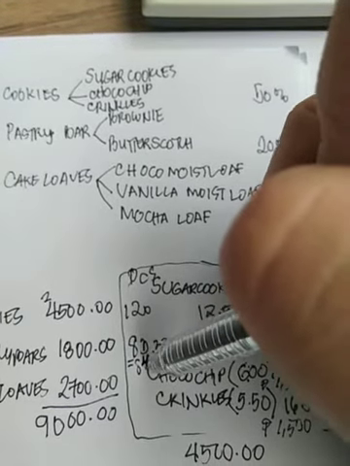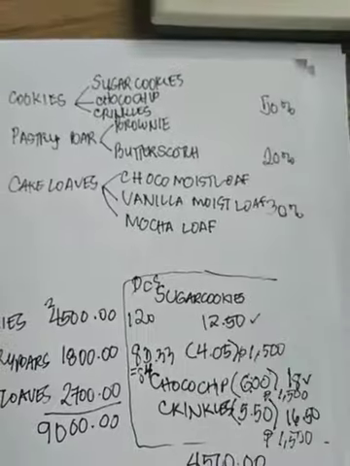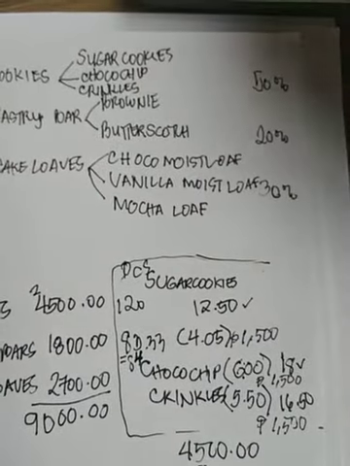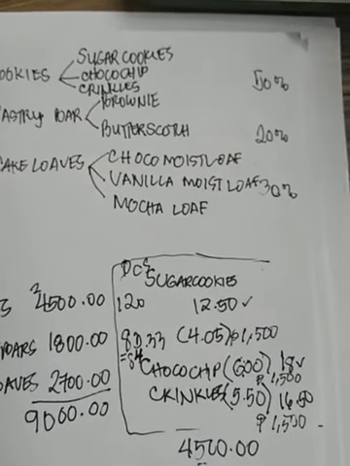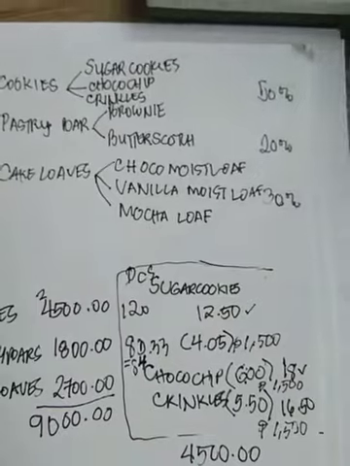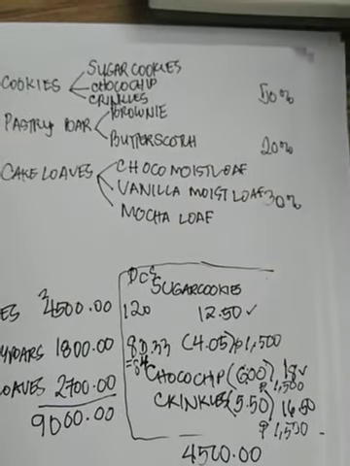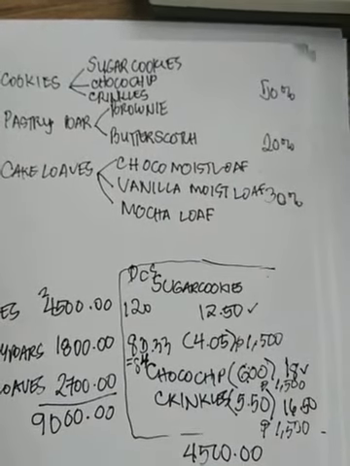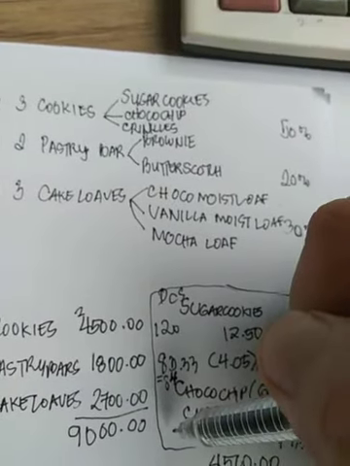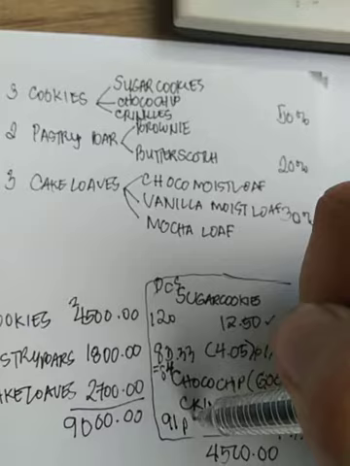Okay? Sa plano mo dapat at least 84 ang choco chips mo for sale. And then, crinkles mo is 1,500 divided by 16.50. So, that's 90.91. So, 91 pieces.